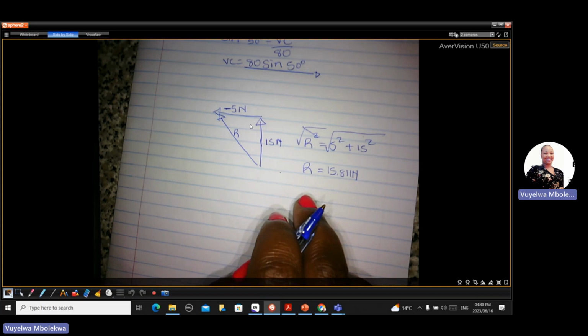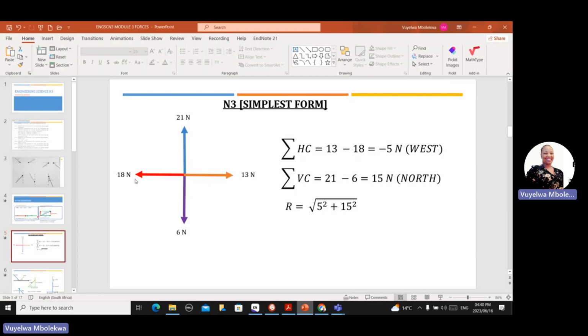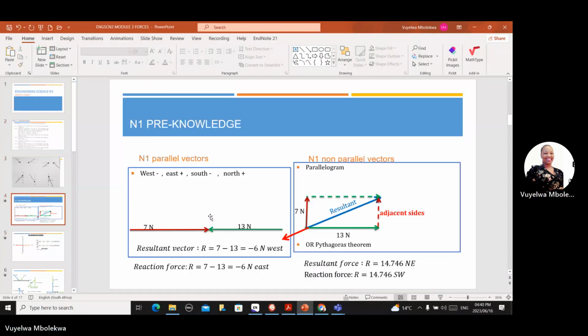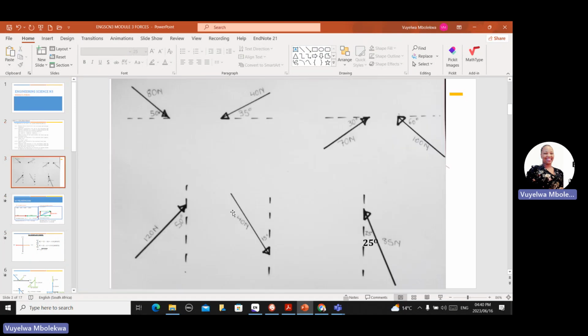And then if they want the angle, if they want you to determine the angle, let me just see on the notes if the formula for the angle is given. Okay, they didn't give the formula, but it is on the formula sheet.